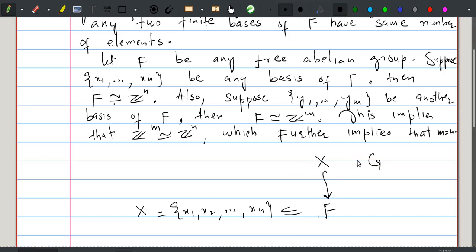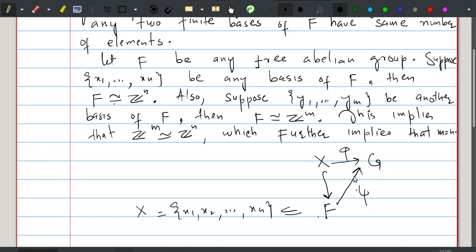Now if we are given any map from X to G, say this phi, where G is any abelian group and F is given to be a free abelian group with basis X. So if we have a map from the basis set to any abelian group, then this map can be lifted to a map from whole F to G. Suppose this is phi and this is psi.